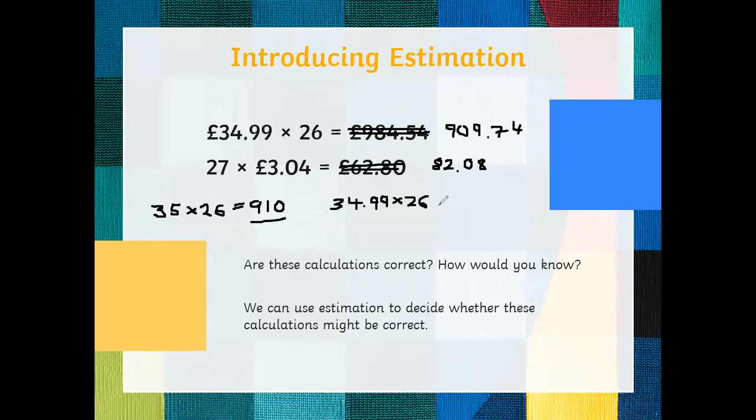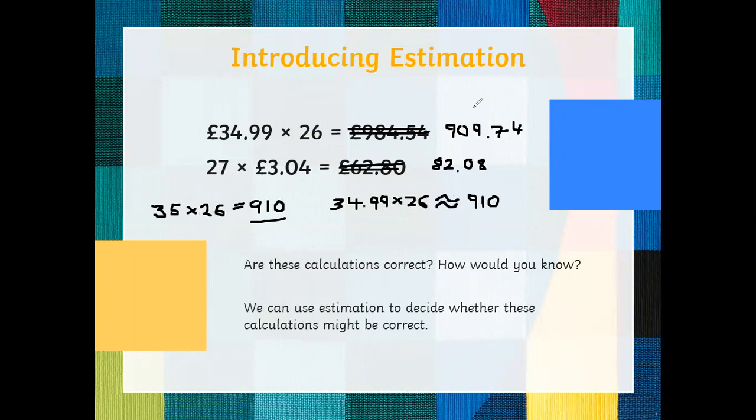This is the equal sign for approximately. So it's a squiggly equals. And then you can say 34.99 times 26 is equal to approximately 910. So this does not mean it equals exactly, but it's a good estimation.